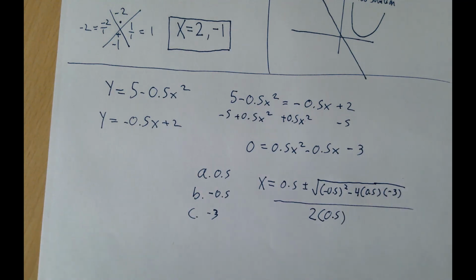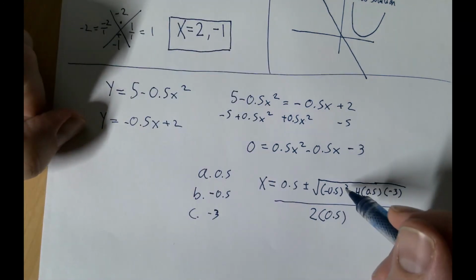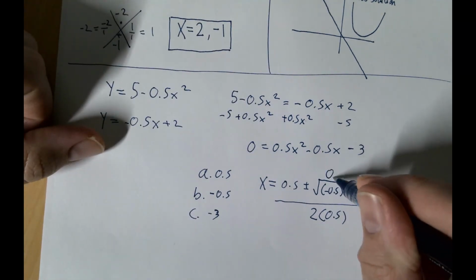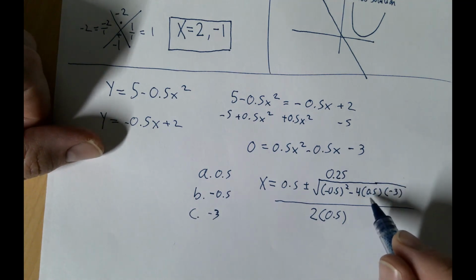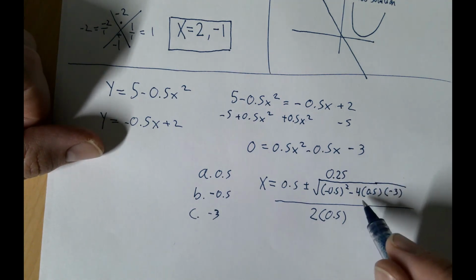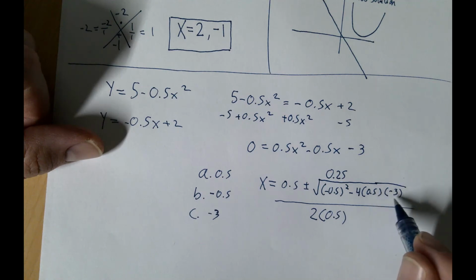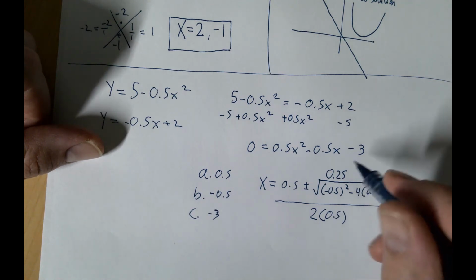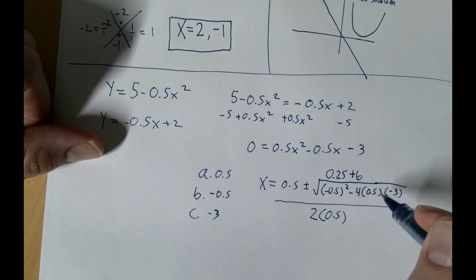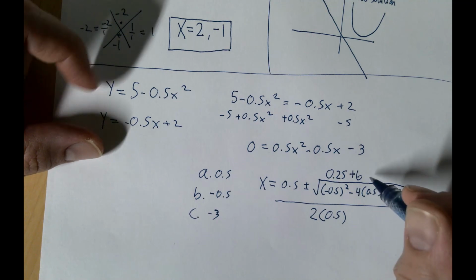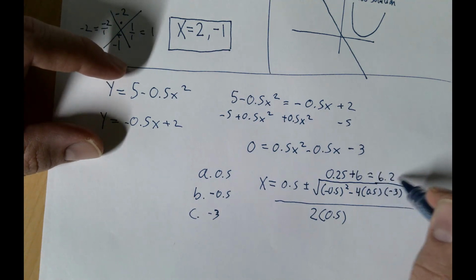Okay, now we either got to bust out the calculators or do some mental math. -0.5 squared is positive 0.25. 4 times a half is 2. 2 times -3 is -6. And we're subtracting that. So minus a -6, which means plus 6. And that gives me 6.25.